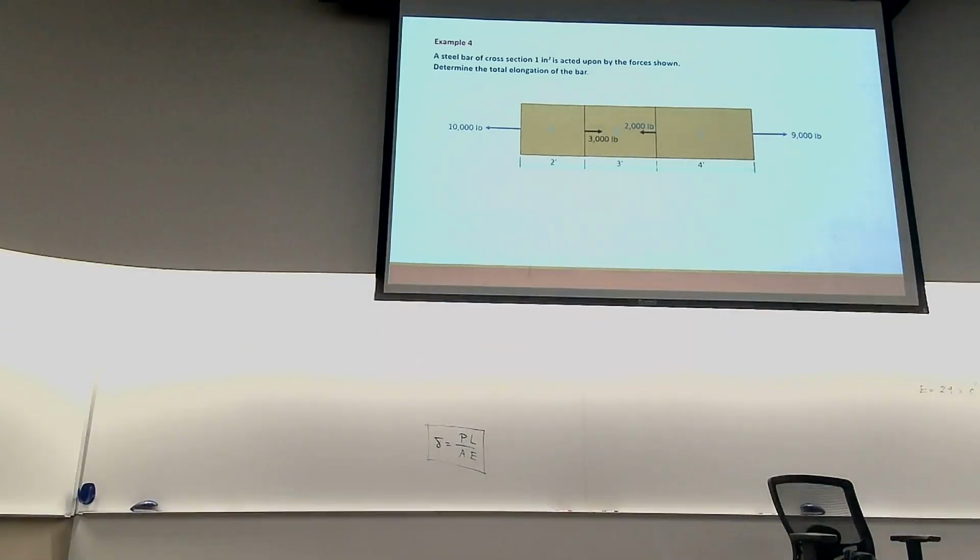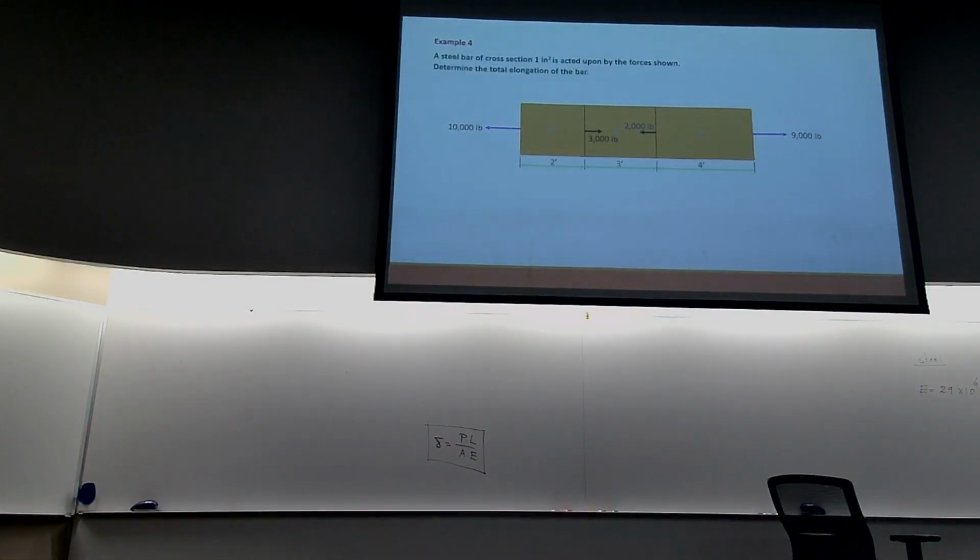So we're going to make a cut somewhere in segment 1 and make a free body diagram of what's on the left side of that cut. So this is segment 1. As you can see, we have 10,000 pounds here. That means we must have 10,000 pounds on the right side so that we have equilibrium for segment 1.